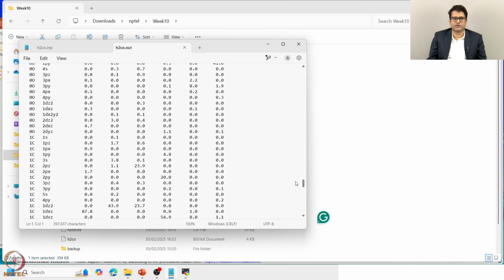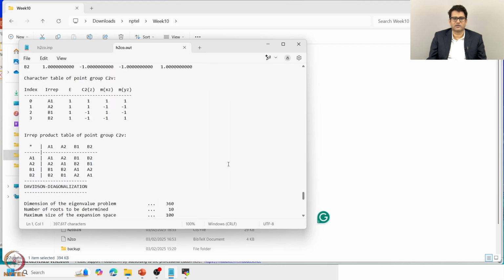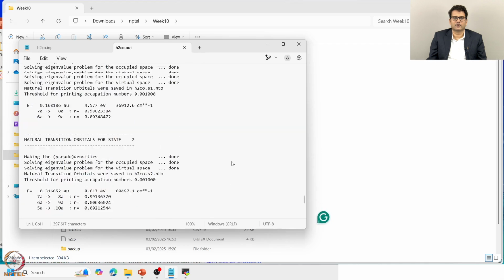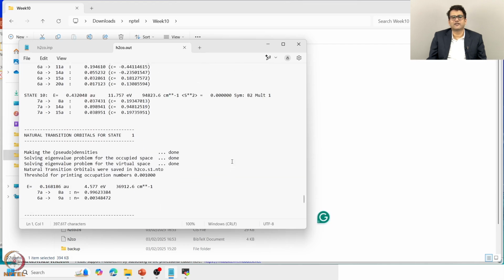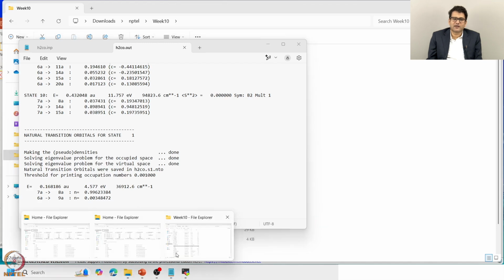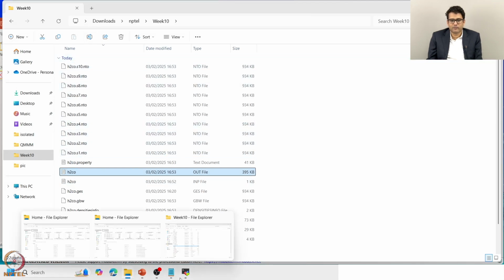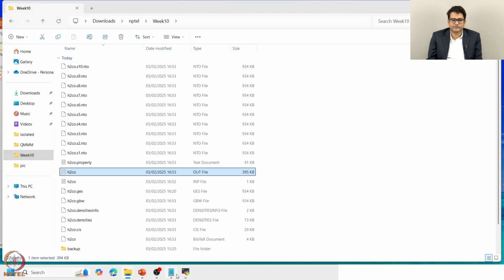I think the only thing which has changed due to the NTO calculation is that after your excited state calculations are done, it will calculate the natural transition orbitals, like the singular value decomposition of the transition density matrix for each state. So, NTOs will be calculated for each state, and for each state you will get a separate .NTO file, and that is why you get so many of these, up to 10, because I have asked for 10 roots.